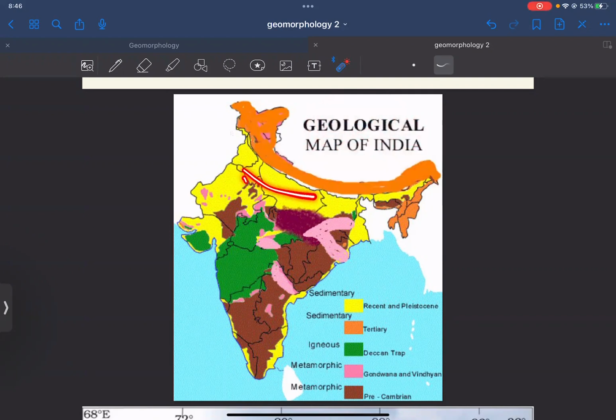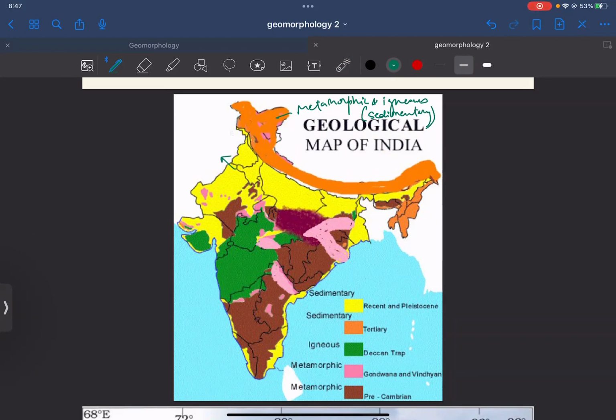Then Indo-Gangetic plain, over here we have sedimentary rocks. In case of Himalayas, we have metamorphic and igneous rocks, covered by a layer of sedimentary.